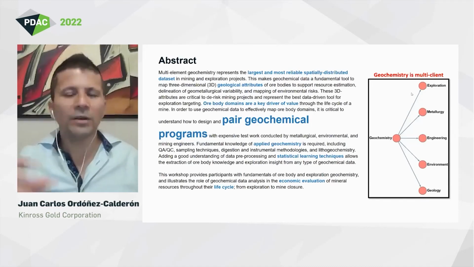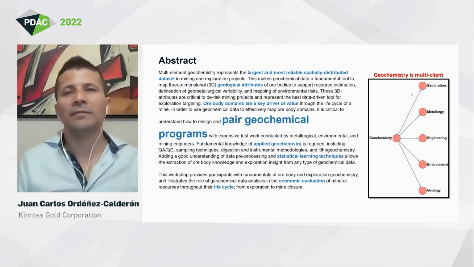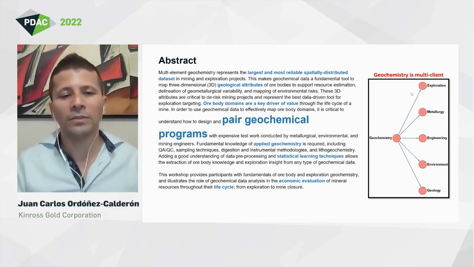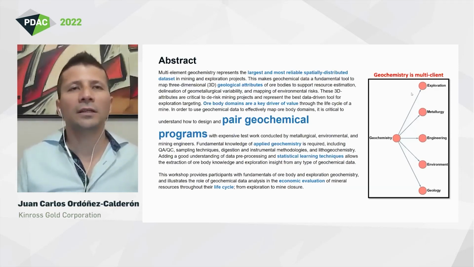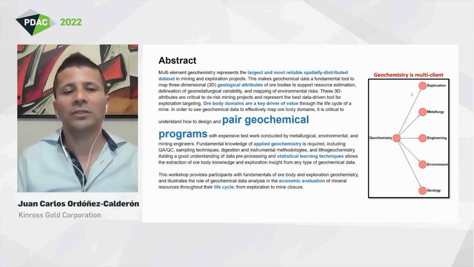Also, once you have this kind of geochemical baseline, it's very important to continue the process of pairing any geochemical programs with the expensive test work that commonly is done in mining operations.